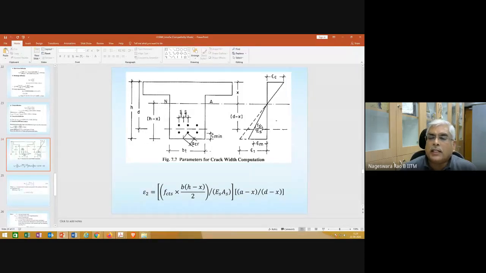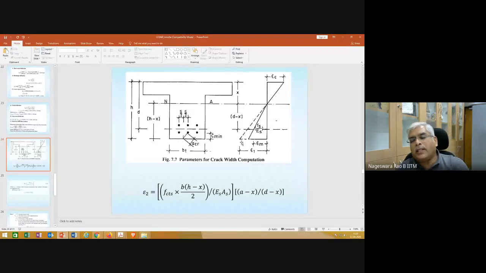Basically, whatever strain we have at the level of steel, we linearly interpolated to the surface. That is what we did.